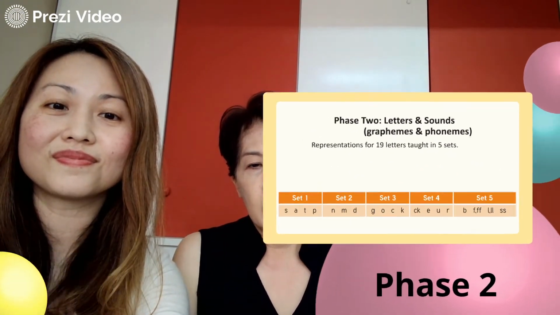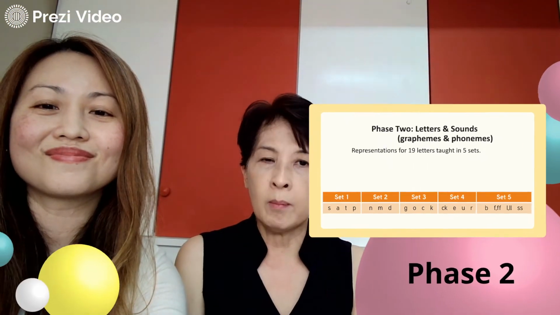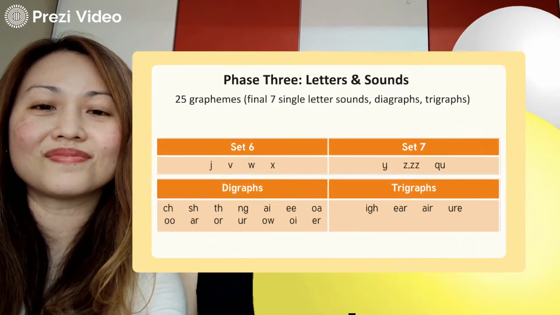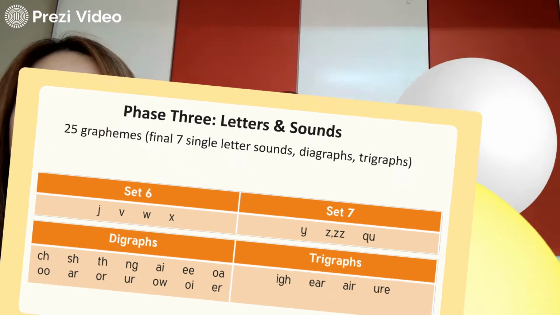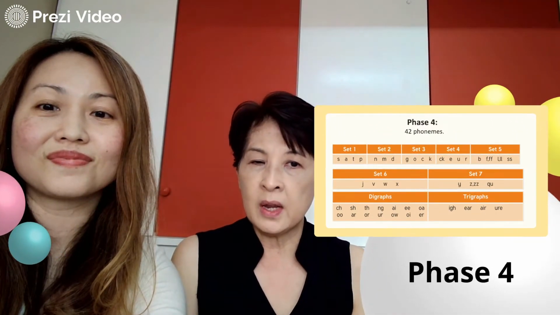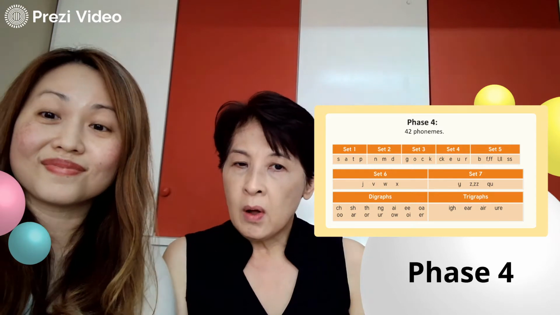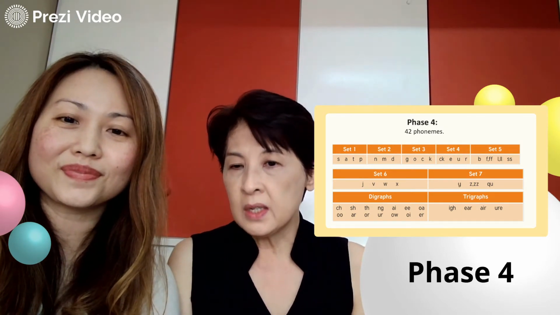Yeah, sets of course 1 to 5, but then there are 44 sounds, so we had to split them up. So then phase 3, we completed sets 6 and 7. So phase 4, we will revise all this and talk about the ending sounds, the digraphs, the definitions, and so on.